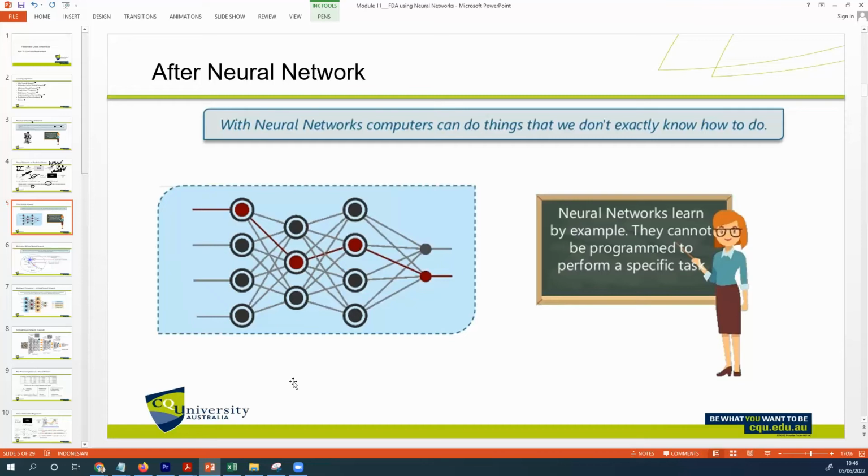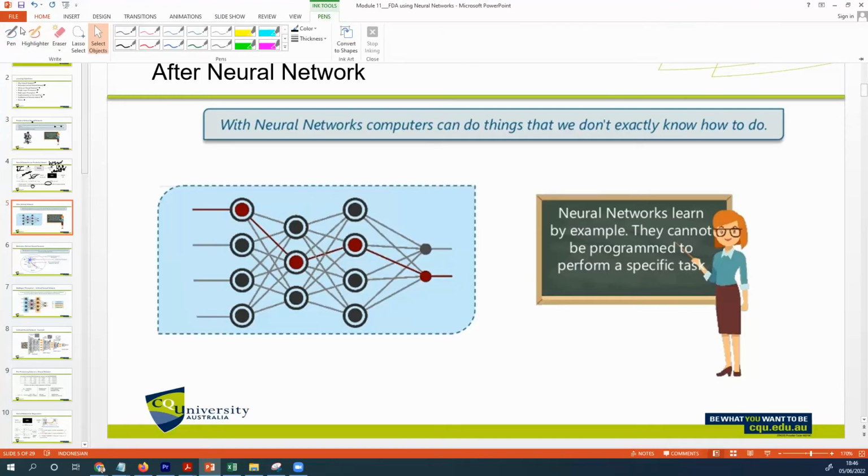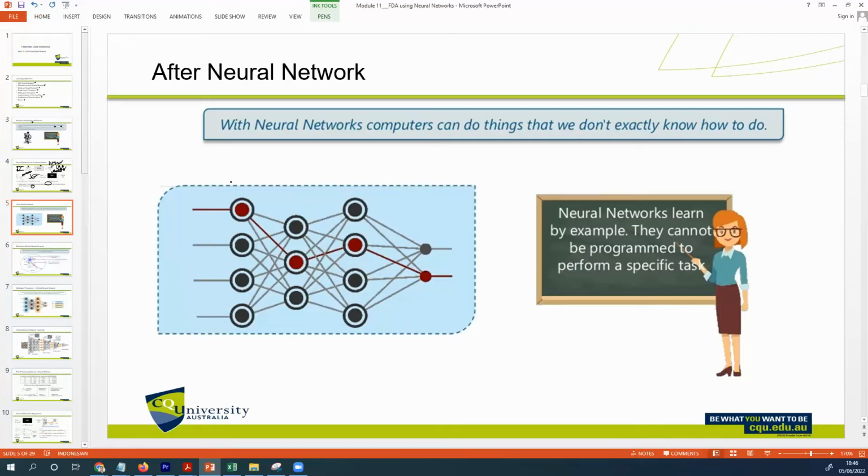So the model is becoming more robust. There will be input, hidden layer, where the layer can be more than one, and the output.